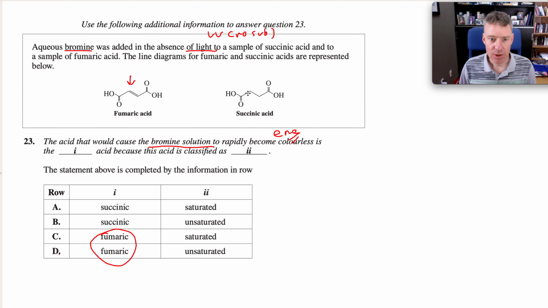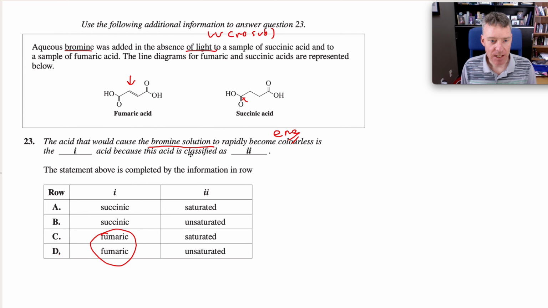Okay. There's no carbon-carbon double bonds. Okay, this double bond is not going to react. We're studying the carbon-carbon double bonds, and that's what makes something unsaturated. So there's our double bond, and what's this last part? Rapidly to become colorless is blank acid.